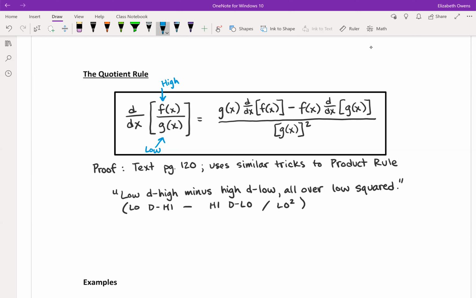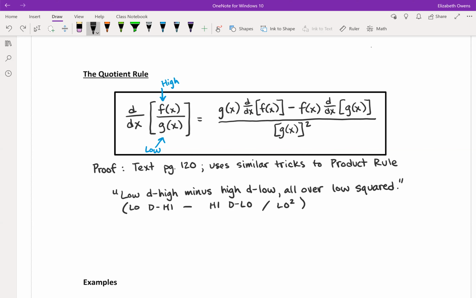So when we do that, we can say low d high minus high d low all over low squared. And I know that got a little scribbly there, but that is how you would read that statement along with this quotient rule statement. So low d high minus high d low over low squared.